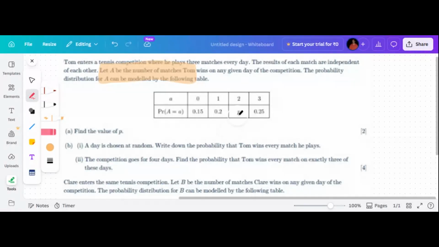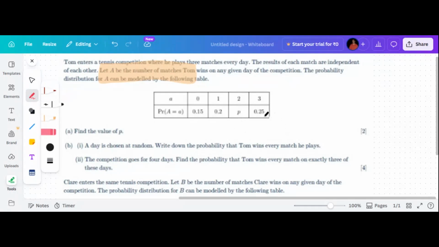Now we know that Tom is playing three matches, and these are the only four possibilities. He might win zero matches, one match, two matches, or three matches. These are the only four possibilities. There is no fifth possibility.